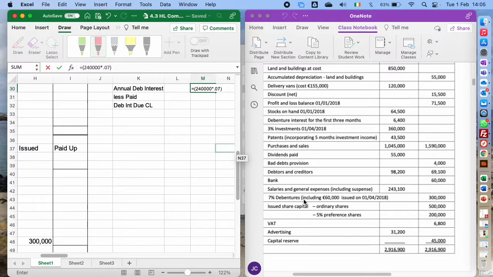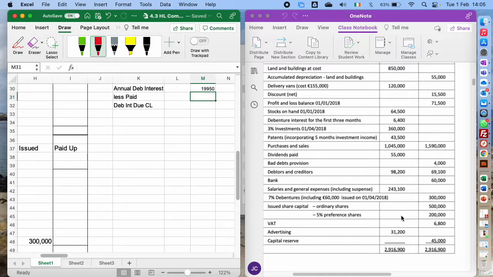Okay. And then the new loan I took out was 60 grand. Jamie, this will obviously be recorded so you can see it. Okay. Times 0.07 times. This next one I got on the 1st of the 4th, so I had it for 9/12 of this year. So that's the debenture interest I should have paid.